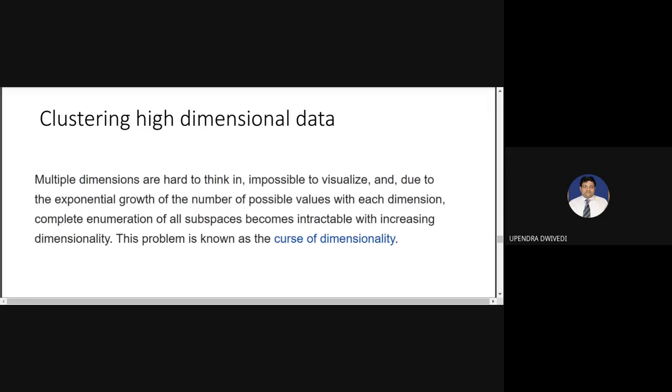Now, let us discuss the clustering of high dimensional data. When we talk about high dimensional data, it means that a particular piece of information has various attributes, and when we want to scale those attributes, we have to take a multi-dimensional approach. Please go through this paragraph for 1 minute.